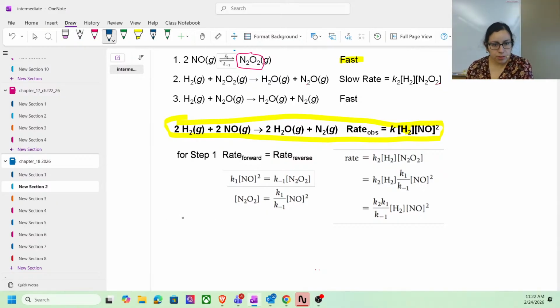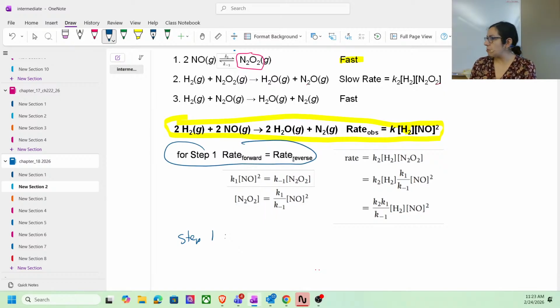So for our step 1, we can just write our rate law. We said my rate forward is the same as my rate reverse because they're fast. And this is our fast step, so we're limited by our step 2. So we have two equivalents of NO there.